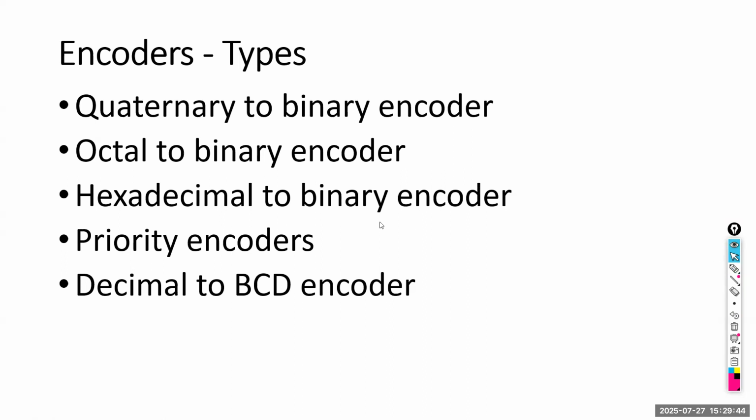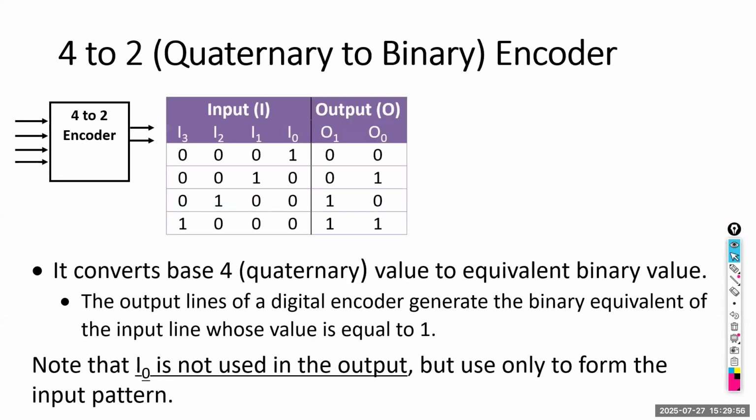We are not doing electronic engineering, we are doing IT. But we must have that basic understanding so that you have a little bit of understanding about how the electronic components work in a computer. So this is an example of 4 to 2, or quaternary to binary. Another name for 4 is quaternary. 2 to the power 2 is 4, and this is 2.